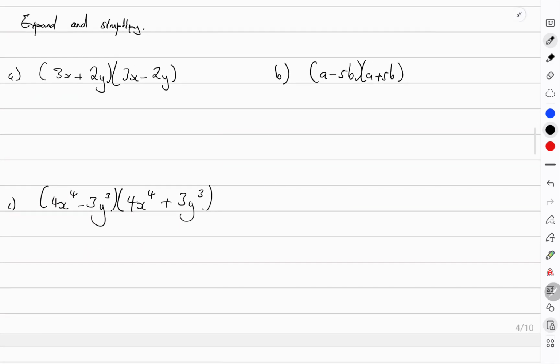So if I can see that these two are the same, and these two are the same, meaning my answer will become the first term squared, which is 3x squared, minus the last term squared, which is 2y squared, meaning I'm going to have 9x squared minus 4y squared. That is what it means.